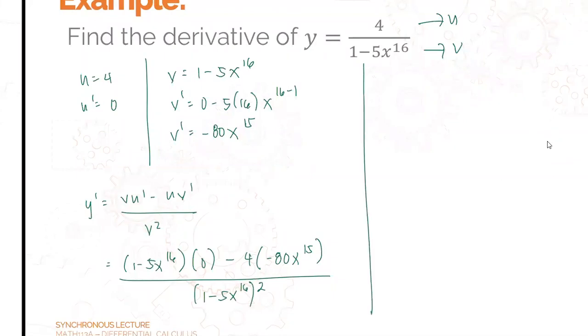Okay? So y prime will be equals to, yung first term natin will be 0. So negative 4 times 80 is negative, negative times negative is positive 320x raised to 15 all over 1 minus 5x raised to 16 squared. So this will be our final answer.